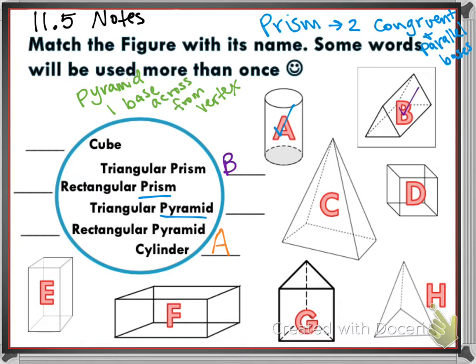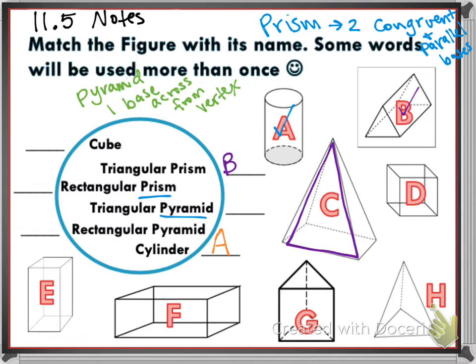C. So C, we have one base. So the reason that this is my base, let's look at the triangles. In order for it to be a prism, they have to be congruent and parallel. If you remember what parallel means, that means two things that will never intersect. They move infinitely side by side, and they will never touch.